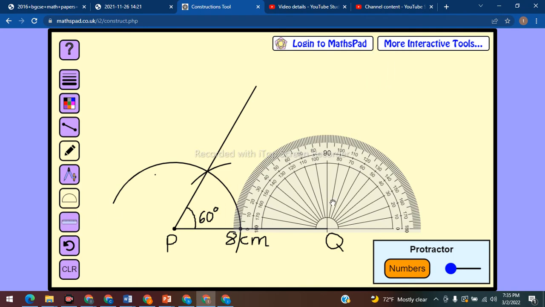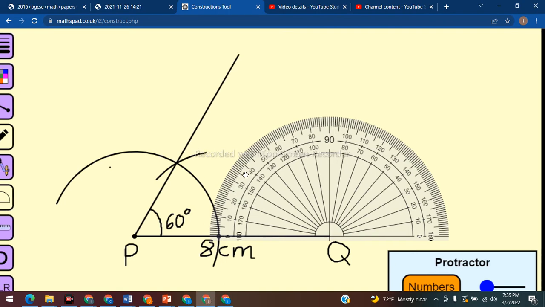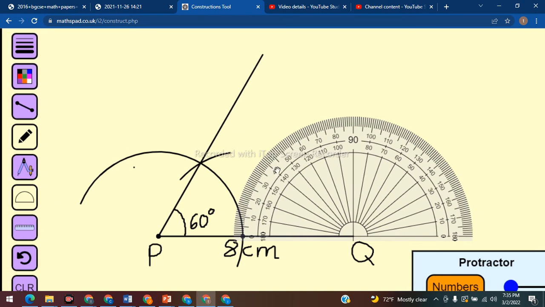Now for 40, we have to look at the outer numbers, right? So this is 0, this is 10, this is 20, this is 30, and this is 40. So this is 40 right there. So we have to go to this one and mark out 40.